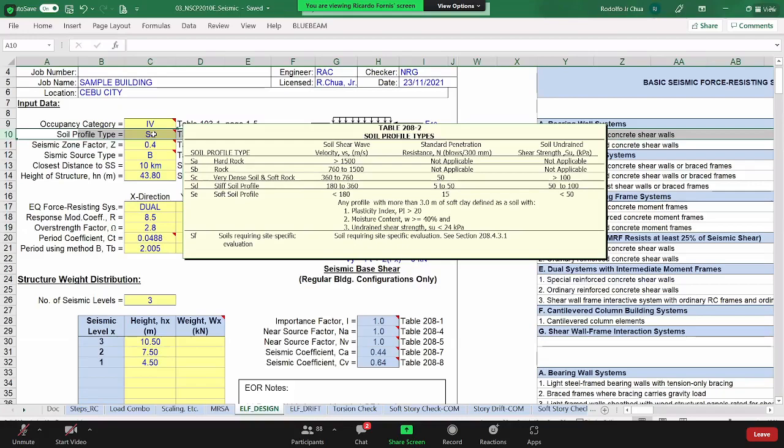Ang second profile type, SB, that's for rock. So ang iyahang category dire is ang description aning rock is if you have a shear wave velocity of 760 to 1,500 meters per second. Ang katong hard rock, that's more than 1,500 meters per second na shear wave velocity.